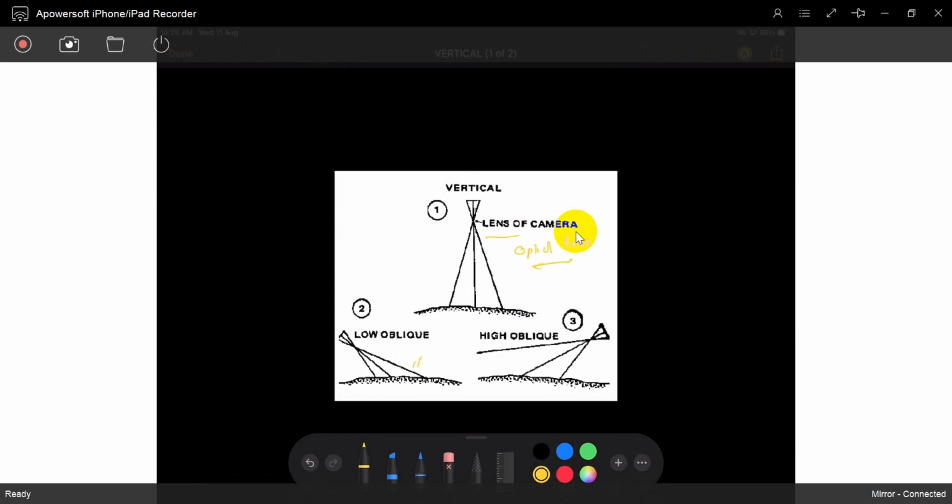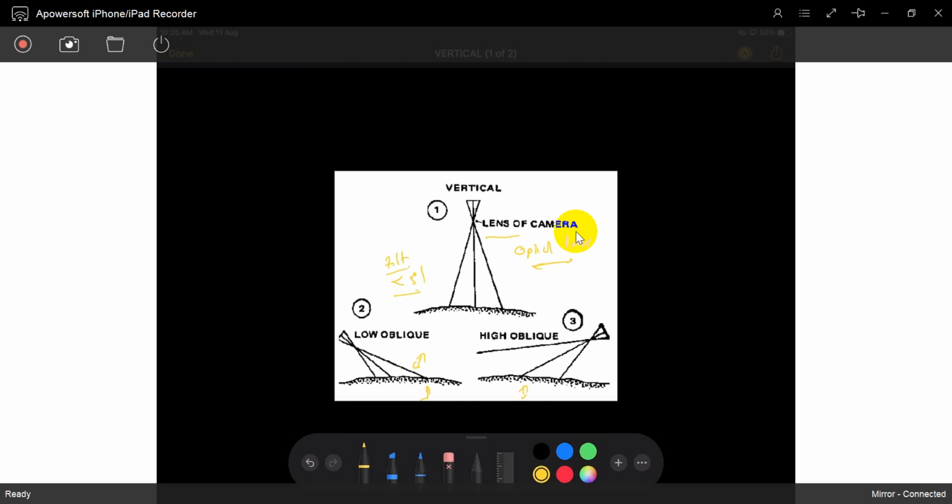This is a tilt, low oblique. High oblique you can also take, but a tilt of less than 3 degrees is called a tilt photograph. You can take low oblique and high oblique like this, but we can't take less than 3 degrees and pronounce it as oblique. No, it's just a tilt.